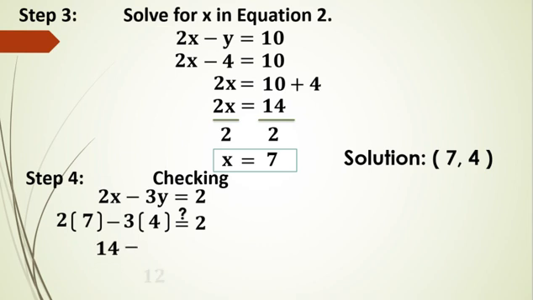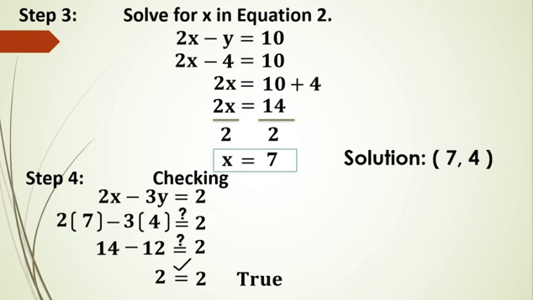Minus 3 times 4, 12. Is it equal to 2? Yes, 2 is equal to 2. The resulting statement is true. So, nasatisfy ng ordered pair ang equation 1.